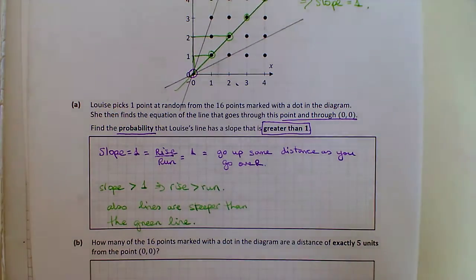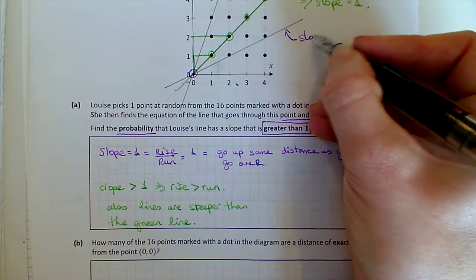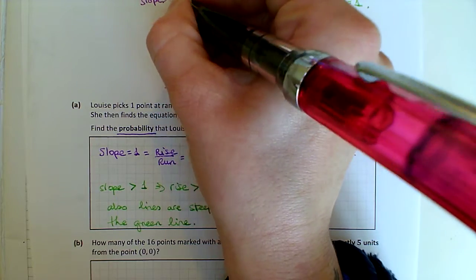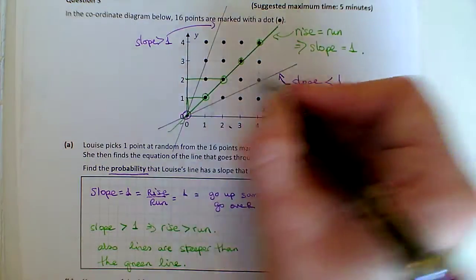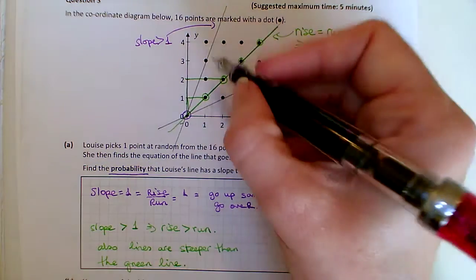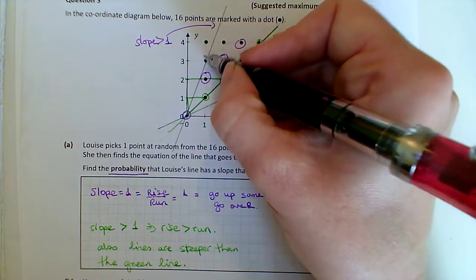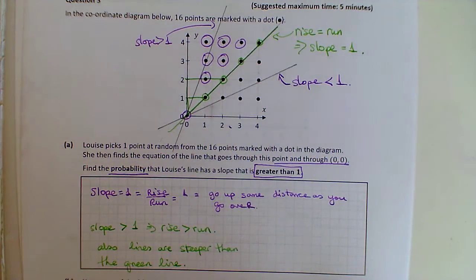So basically, this line would have a slope less than 1, and this line would have a slope bigger than 1, because this one is steeper than my green line, this one is less steep than my green line. So any of these points here, together with 0, 0, are going to give me a slope bigger than 1.